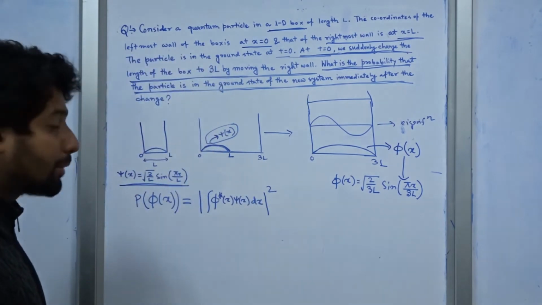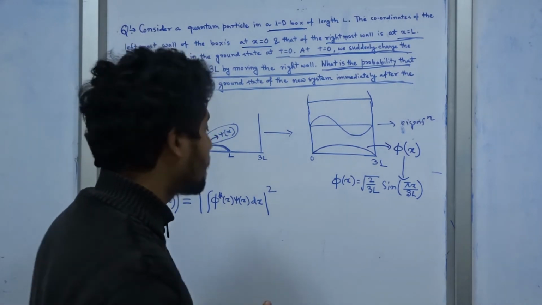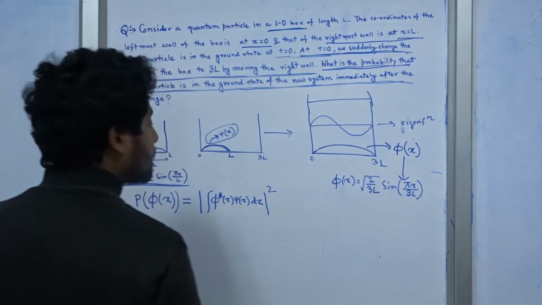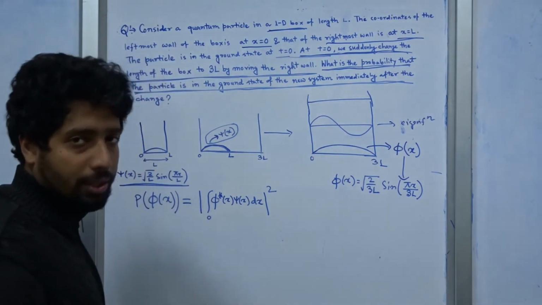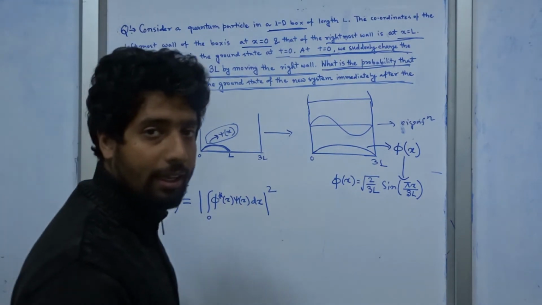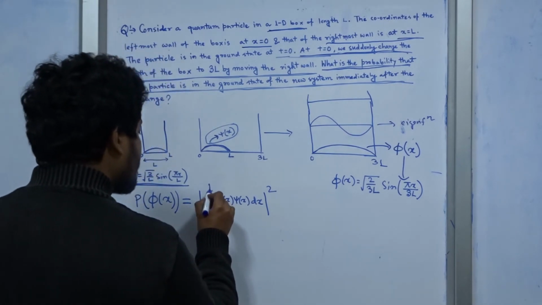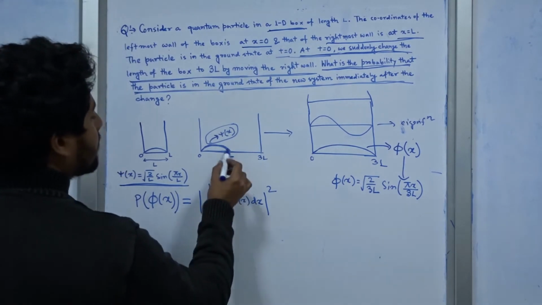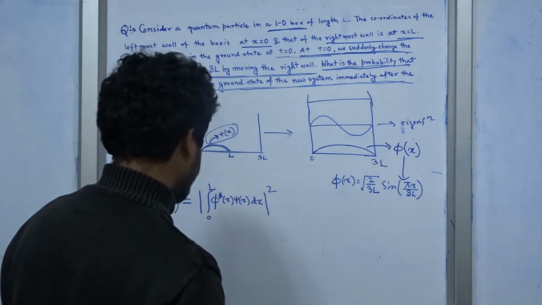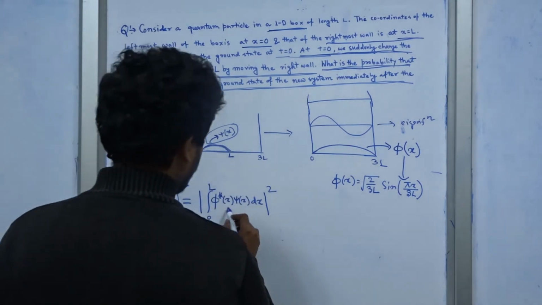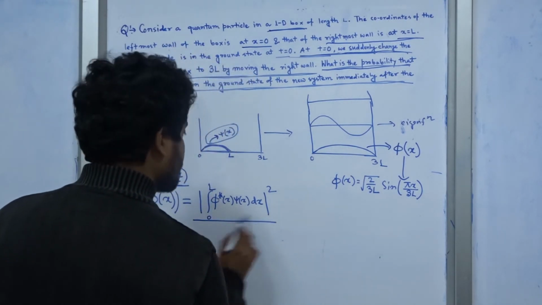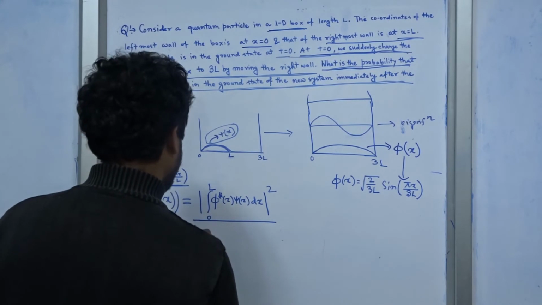And what is the limit of the integration? This is a very careful thing. The limit of the integration should go from 0 to 3L, right? But no, it will not go from 0 to 3L. It will go only from 0 to L, because our psi of x extends only from 0 to L. So now this is the probability that we are looking for. So 4 by 3L will come out.